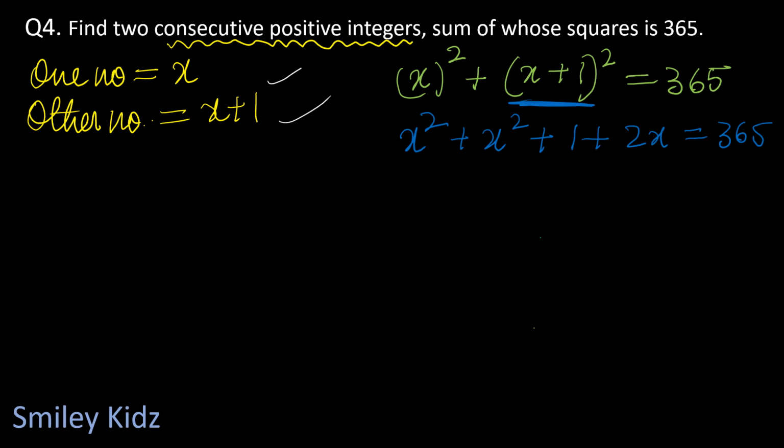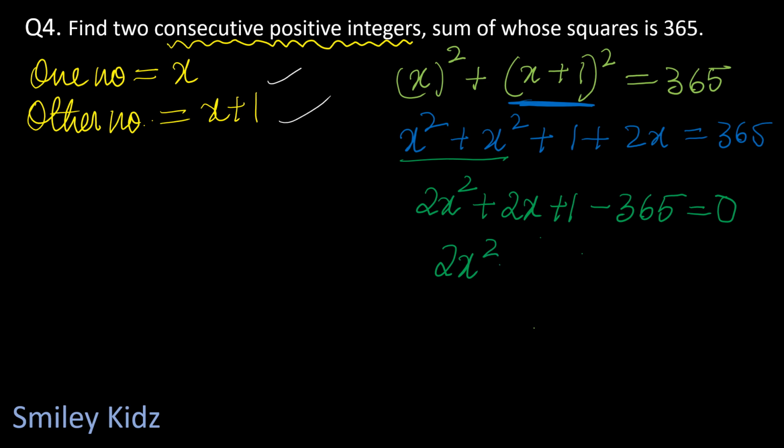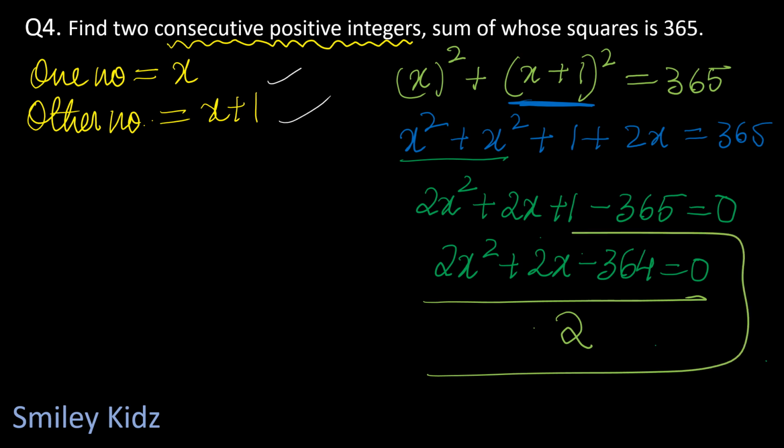Now, x square plus x square is 2x square, plus 2x plus 1 minus 365 equals 0. This turns out to be 2x square plus 2x minus 364 equals 0. Now I'm going to divide this entire equation by 2 in order to simplify it, isn't it?